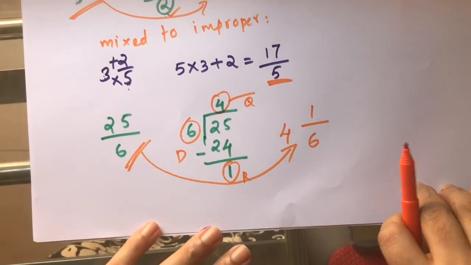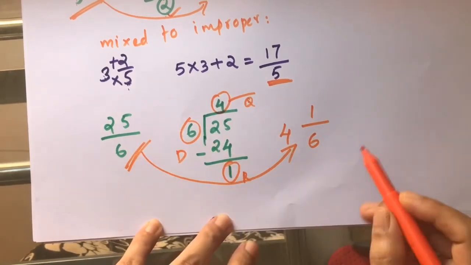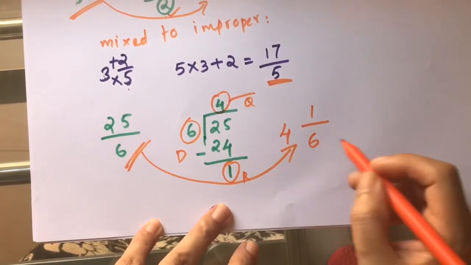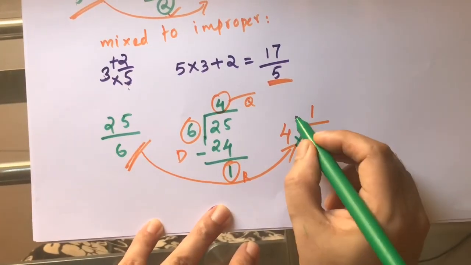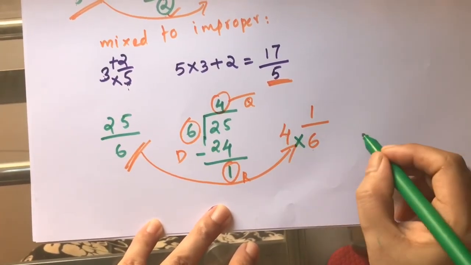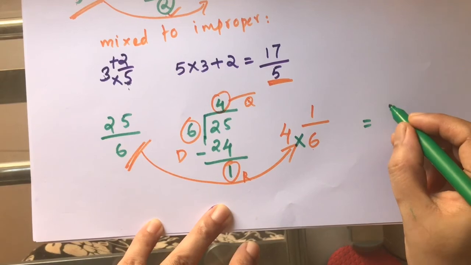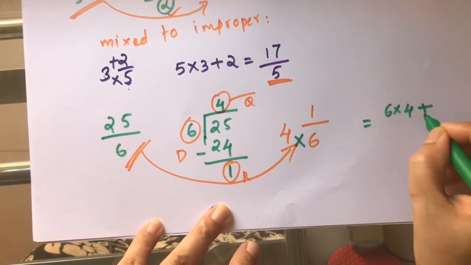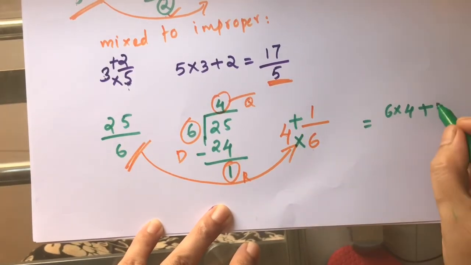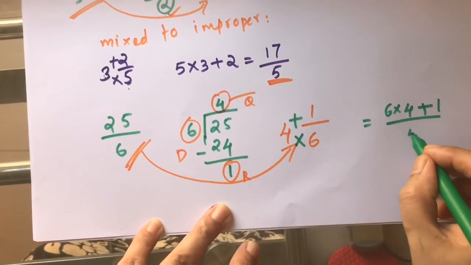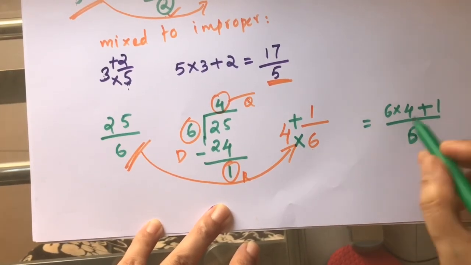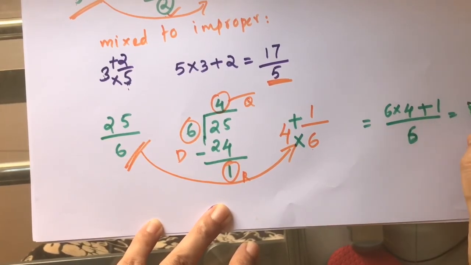To change the mixed fraction into an improper fraction, multiply 6 with 4. 6 4s are 24. Then add that answer with 1, and the denominator stays the same. 6 4s are 24, 24 plus 1 is 25.